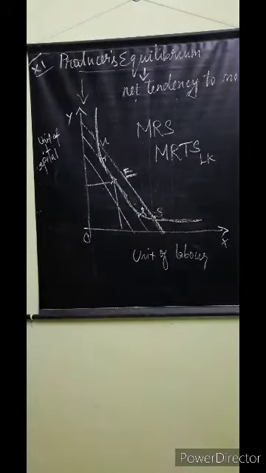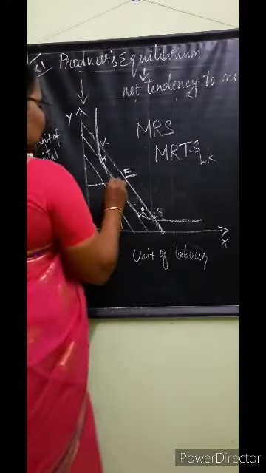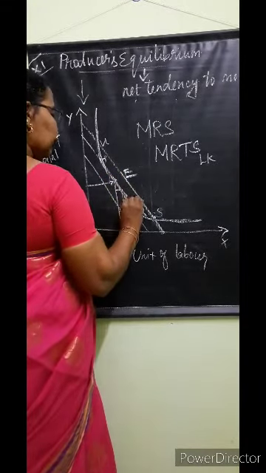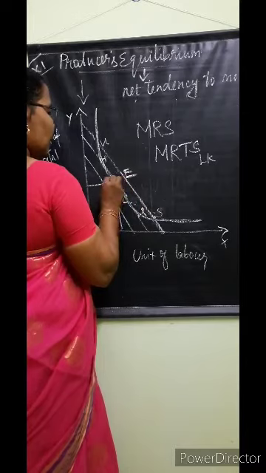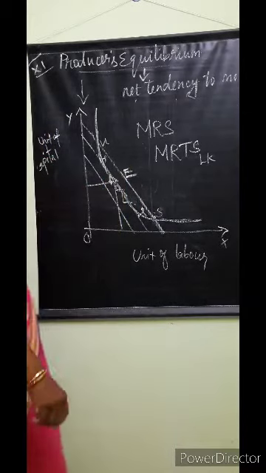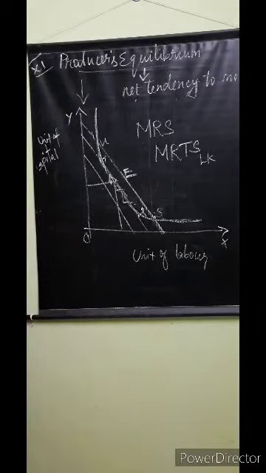Now we are going to study about labor and capital. L denotes labor, K denotes capital. So here the MRTS will be declining. This is the correct point where MRTS is declining, or it will be equal.